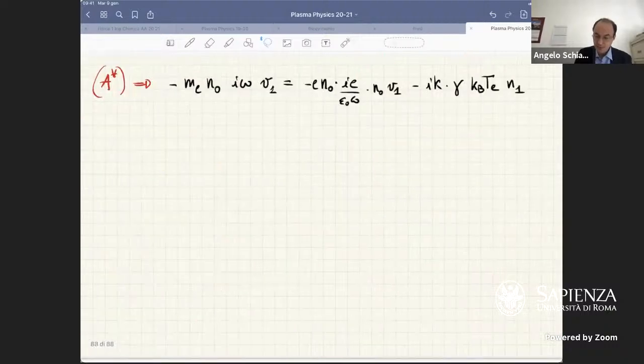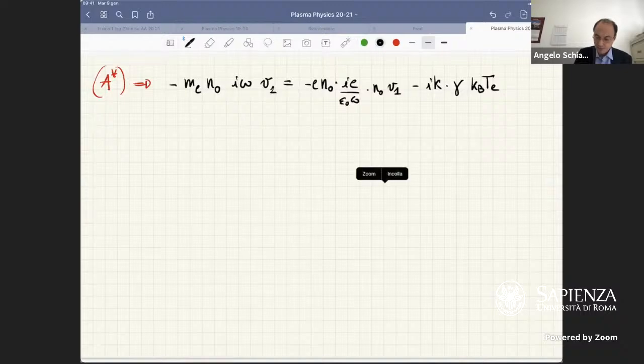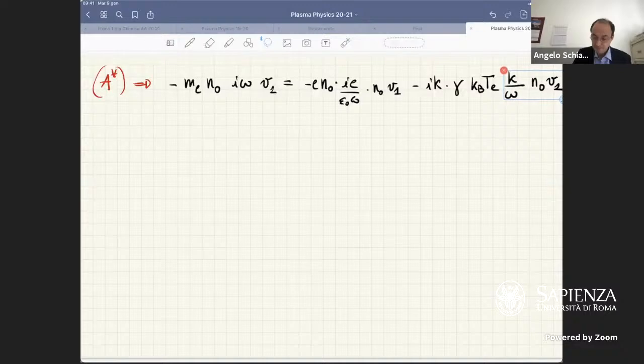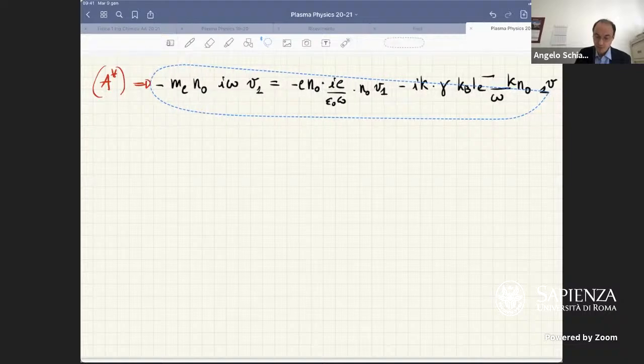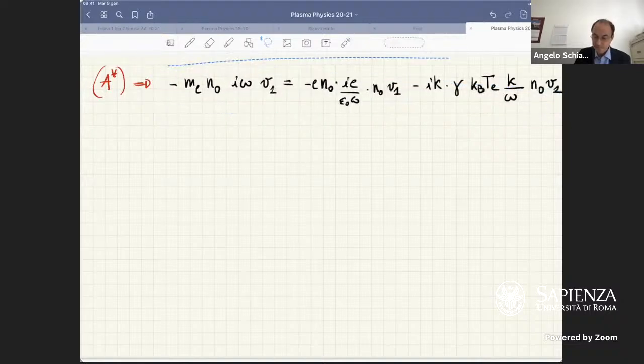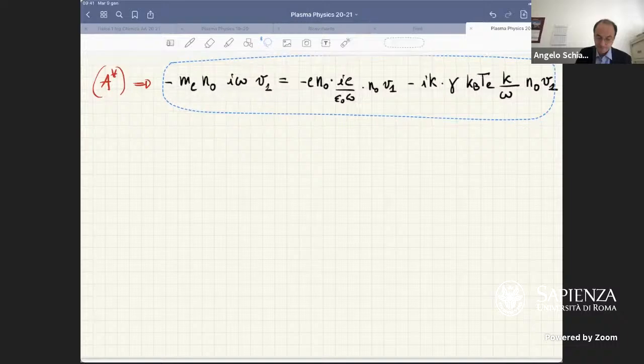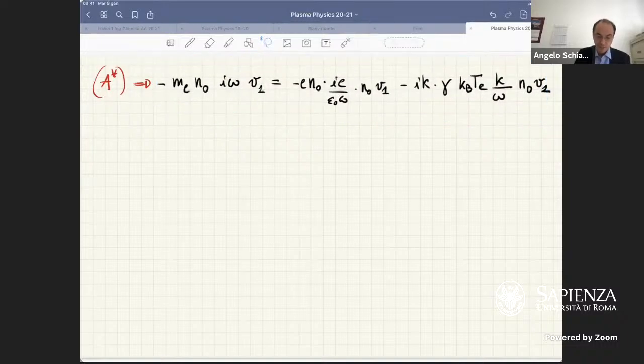Let's take this out and add this term. Now let's have a look at this equation.